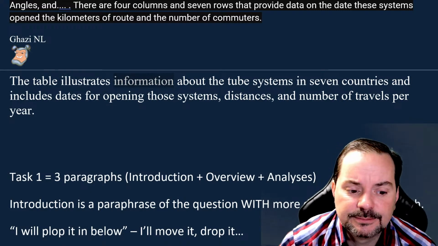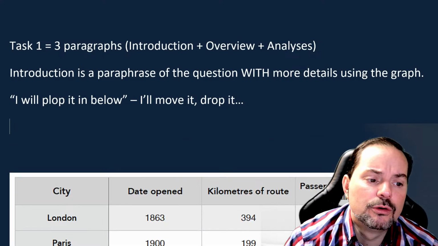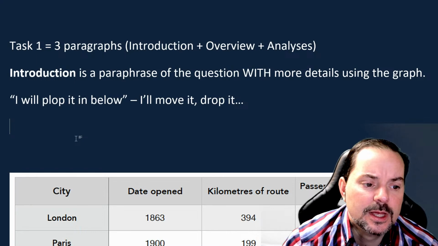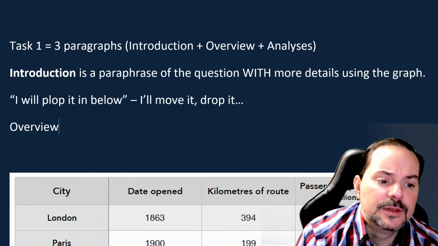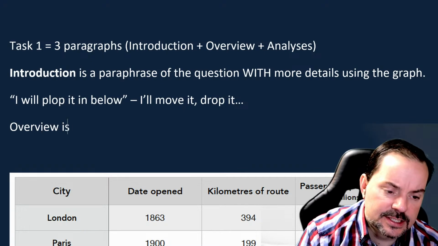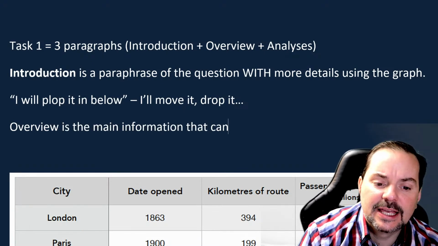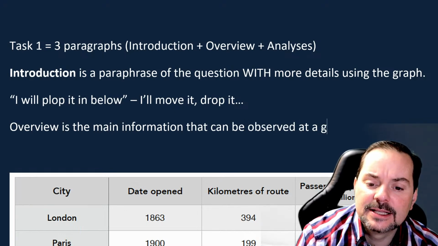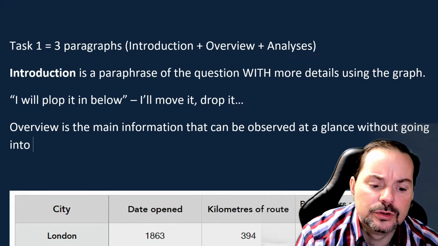I think it's great. Okay, so now we want to look at the overview. So we've looked at the introduction. Now we look at the overview. The overview is the main information that can be observed at a glance without going into too much detail.